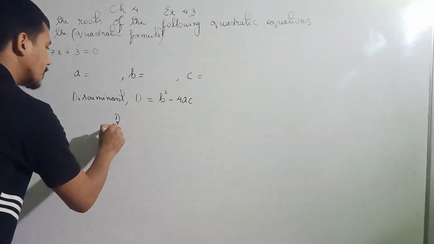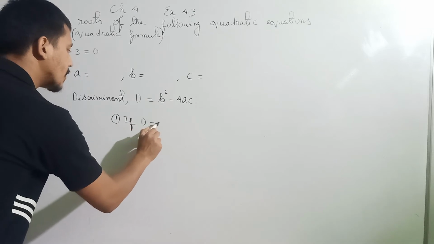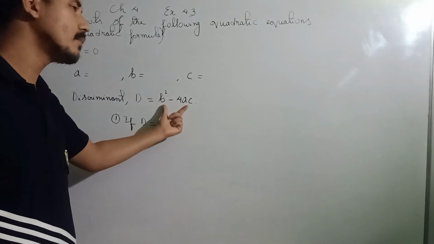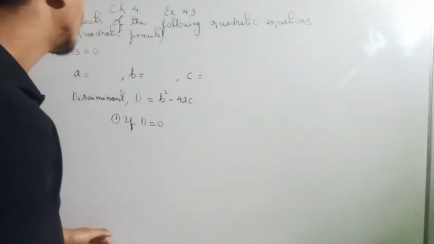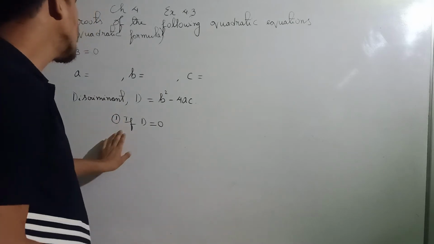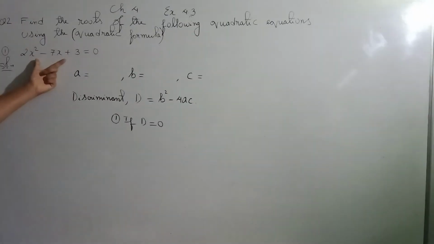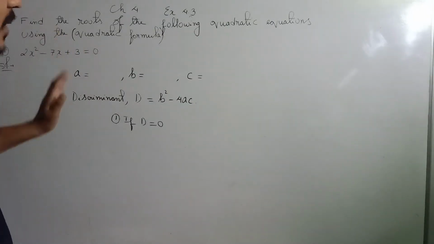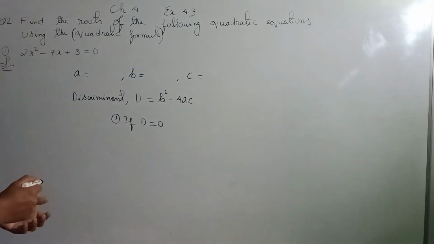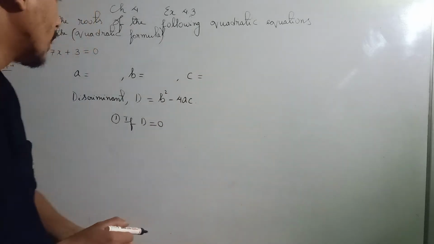So the first condition, if the discriminant is equal to 0, then the roots of your quadratic equation will be real and equal. Means the roots that you obtain will be real numbers and they will be equal.